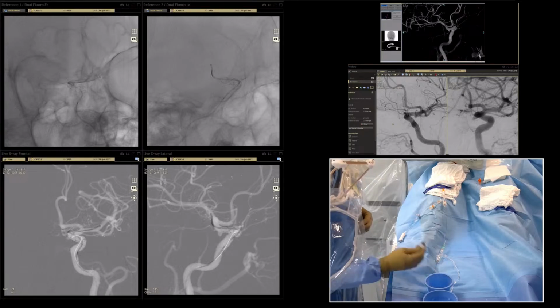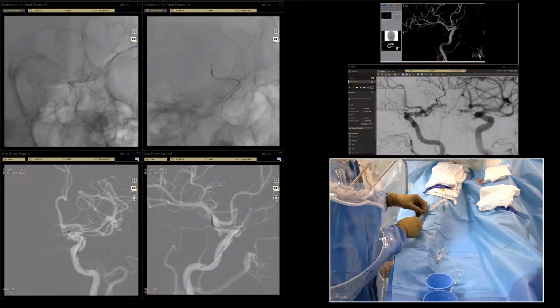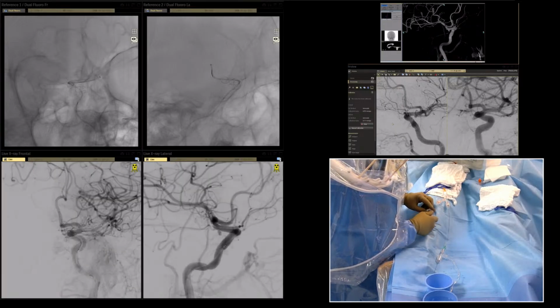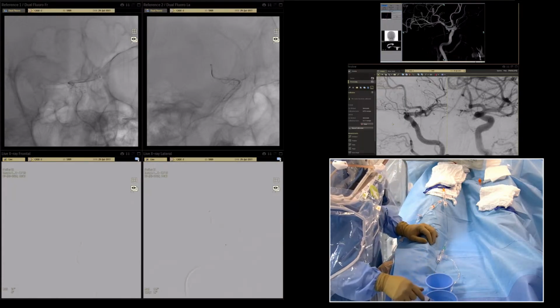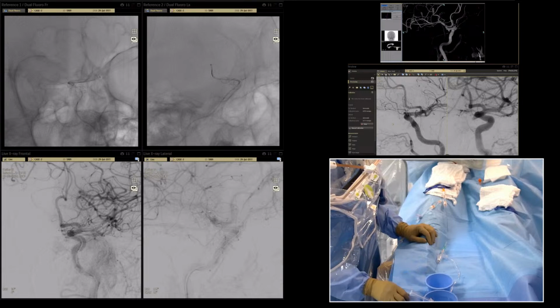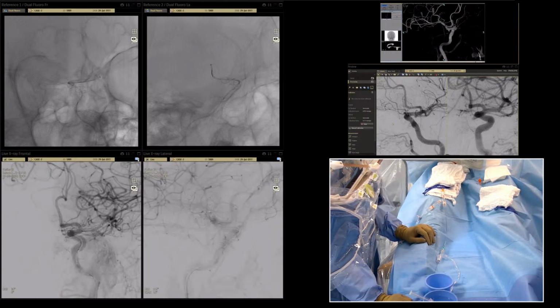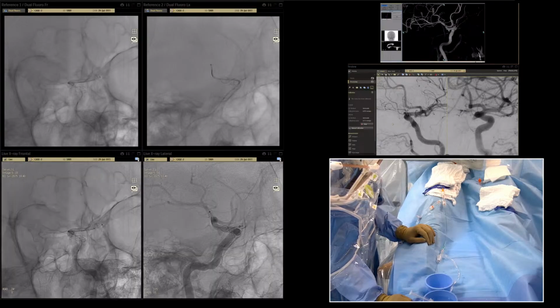And for the small aneurysms, the stent will cause neo-intima formation, and the aneurysms usually disappear, and we can control with CT angiography in 6 months, no problem.